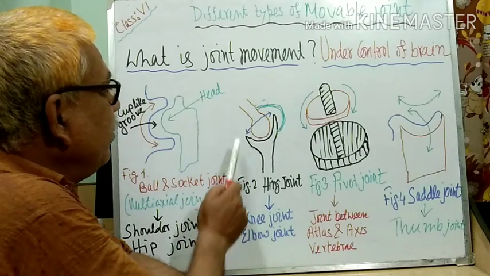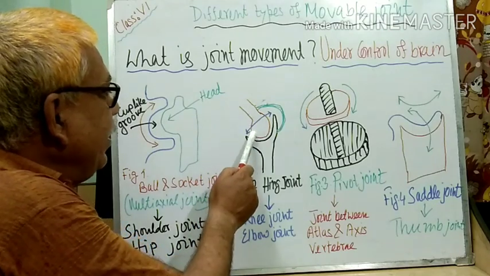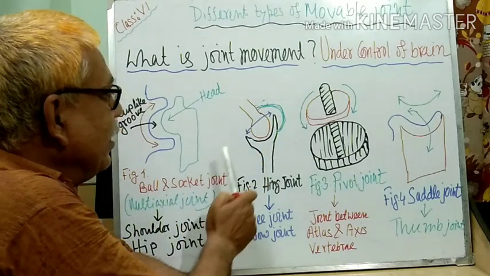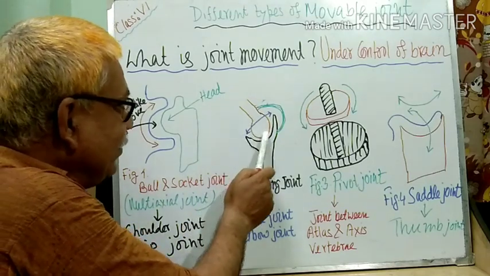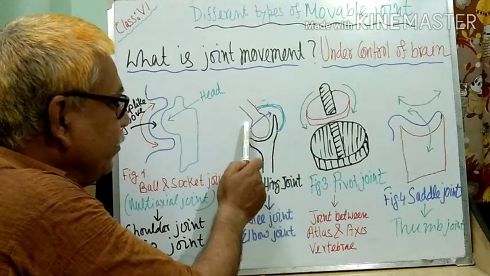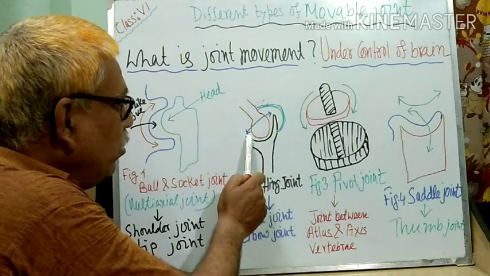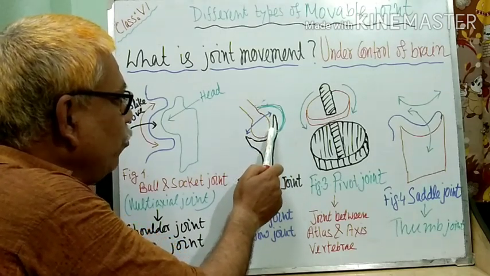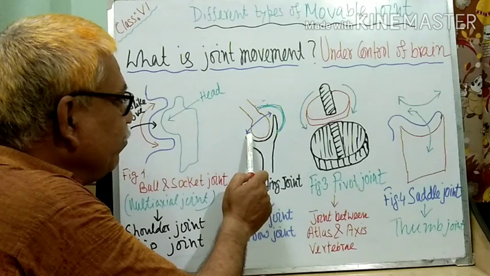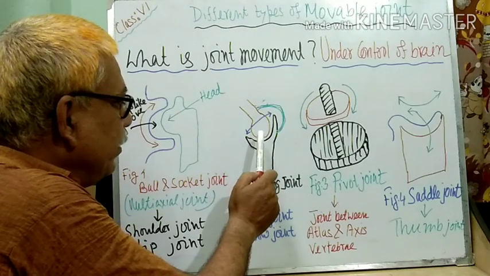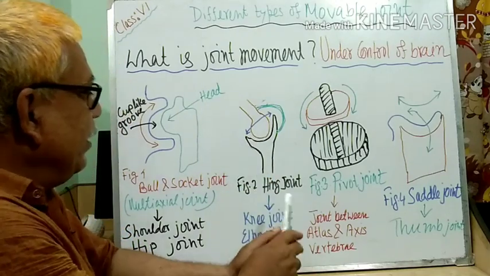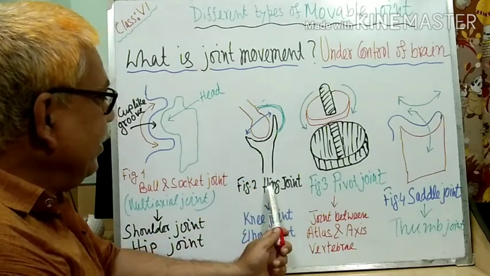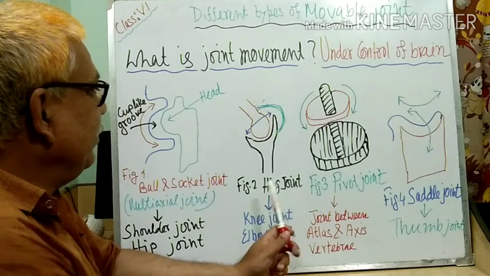See here, the rounded end of a bone rests on the concave groove of another bone. This type of joint is called a hinge joint.